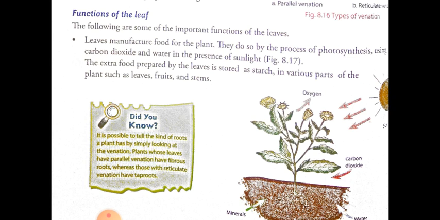So leaves prepare food for the plant by photosynthesis using carbon dioxide and water in the presence of sunlight.